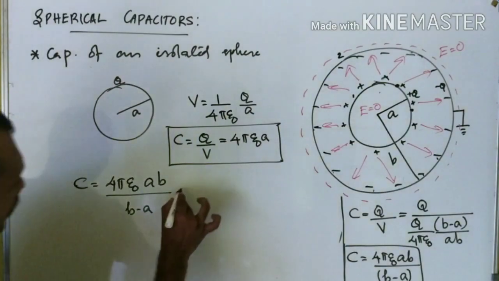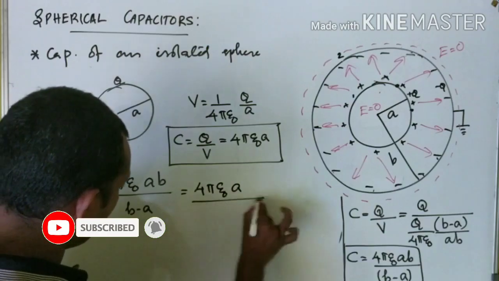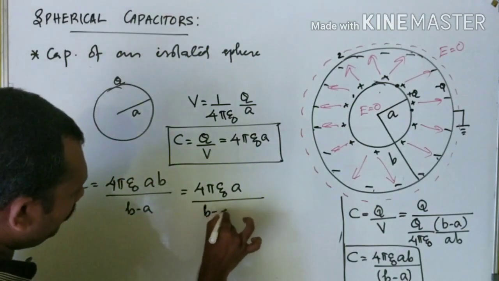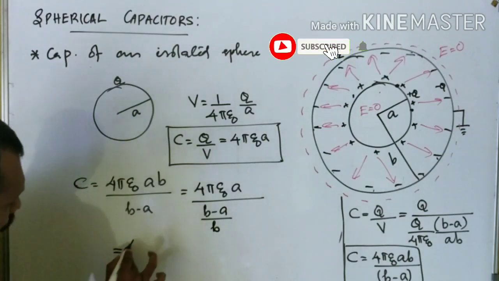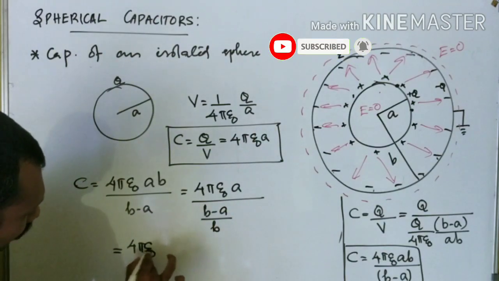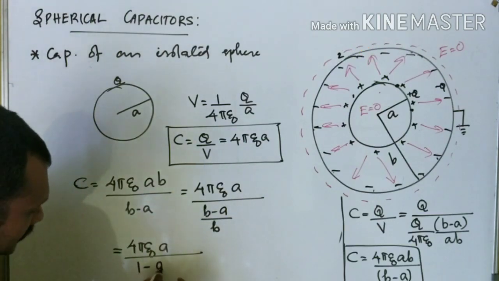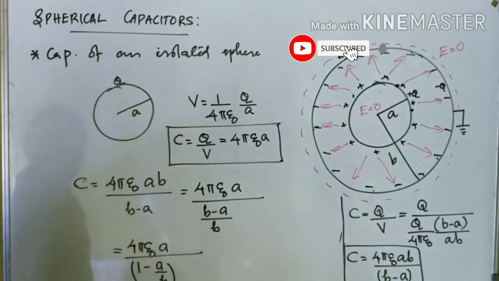Let me do one thing. This I will write as 4 pi epsilon 0 A divided by, taking B to the denominator, B minus A divided by B. This will give you 4 pi epsilon 0 A into 1 minus A by B.